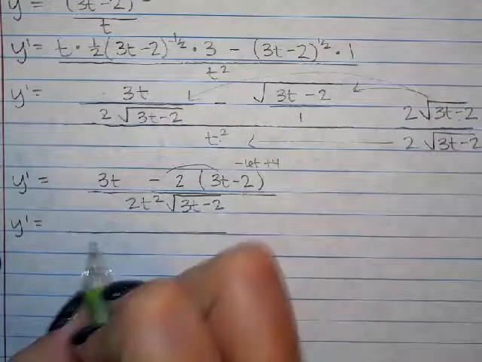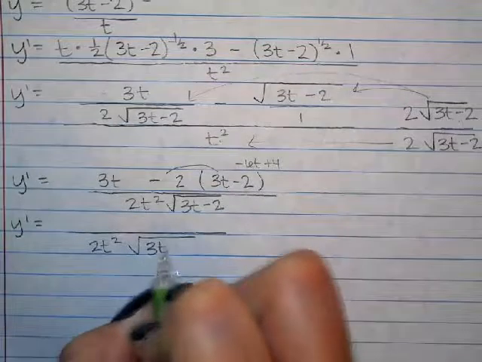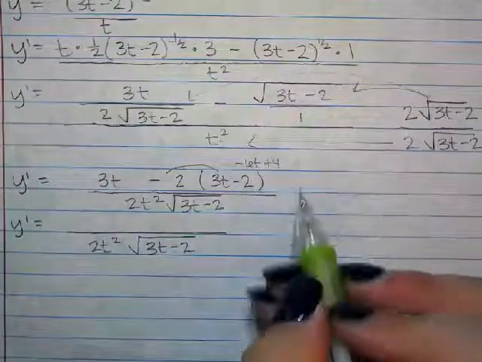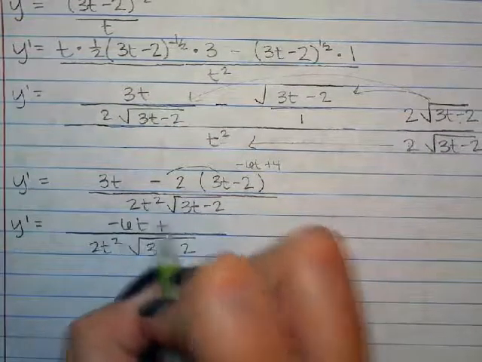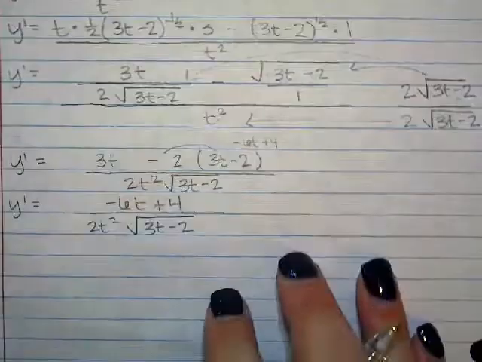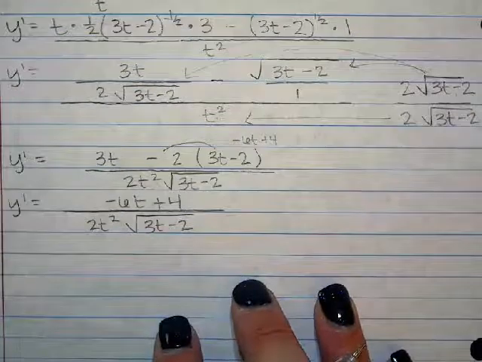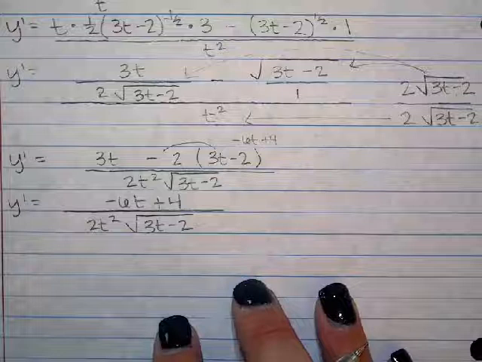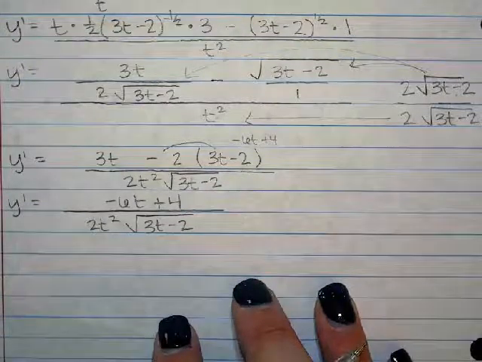Miss Rice, can you reduce it by 2? Yes, but I don't even care about that. Who cares? Not even worried about it. Yes, I just wrote this. I forgot the 3 over there. So we have 3t plus negative 6t plus 4. And 3t plus negative 6t is the negative 3t. Thank you for the correction.